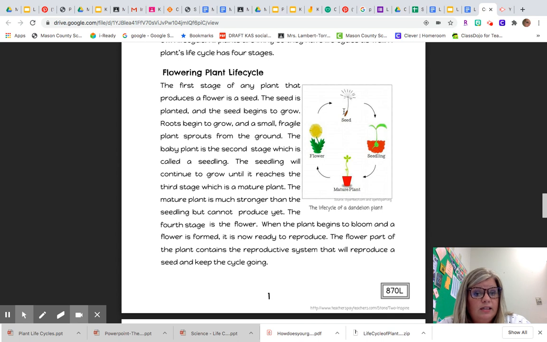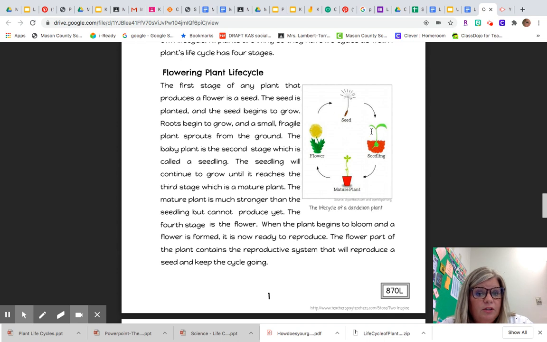So the seed is the first stage. The seedling is the second stage, and you see it has a little root right there, and it's starting to get some leaves. After the seedling grows a little bit more, takes in more nutrients, more food, and gets stronger, it becomes a mature plant. And once it is mature, it does start to grow a flower.